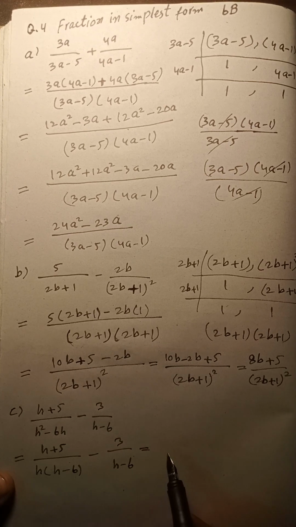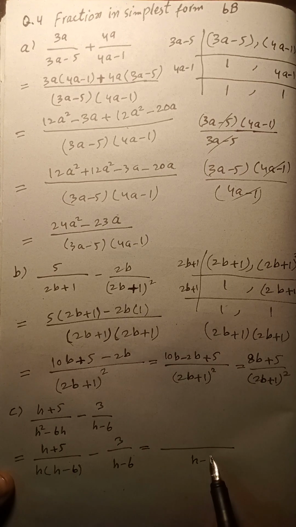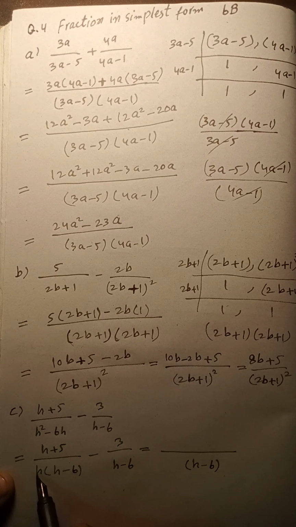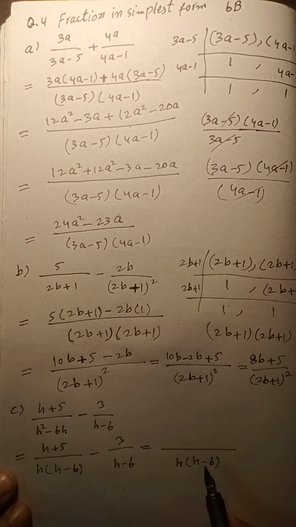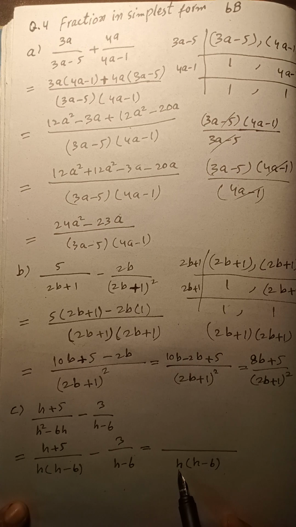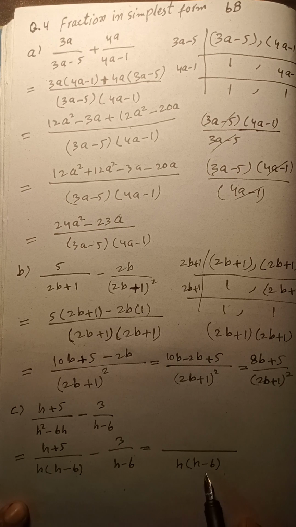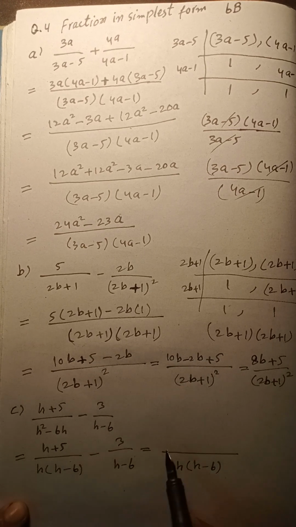So take this h minus 6 as common, and h is not common, so it will be written here. While taking the LCM, we take common terms one time and non-common terms also one time. When h into h minus 6 is divided by this one, it will be cancelled entirely and only 1 will remain.